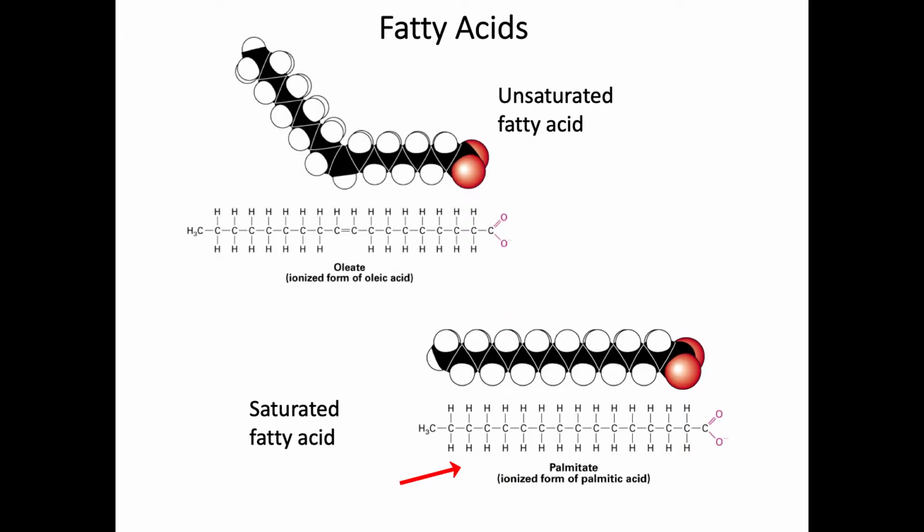You can easily see that saturated, no double bond; unsaturated, you have a double bond. What happens right here is that this double bond allows that chain to kink. Flip is not the right word, kink. It can go in a different direction, whereas the saturated ones are very straight.